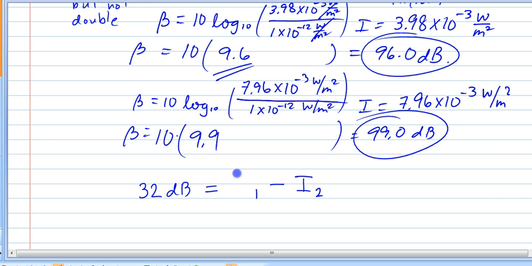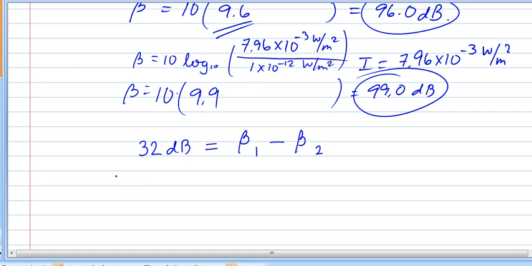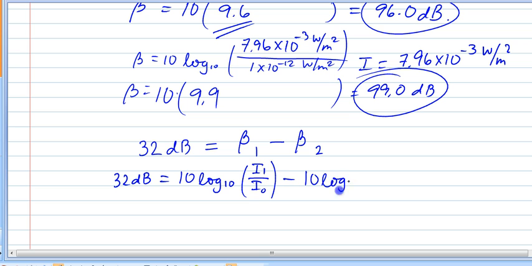Oh, wait, it's not intensity, it's loudness. And so what we'll do here is plug in the equation twice. The problem is that I don't truly know the intensity of the sound, but I do know that the first fraction is going to be I1 over I naught, and then I'm going to subtract from that a second fraction of I2 over I naught.